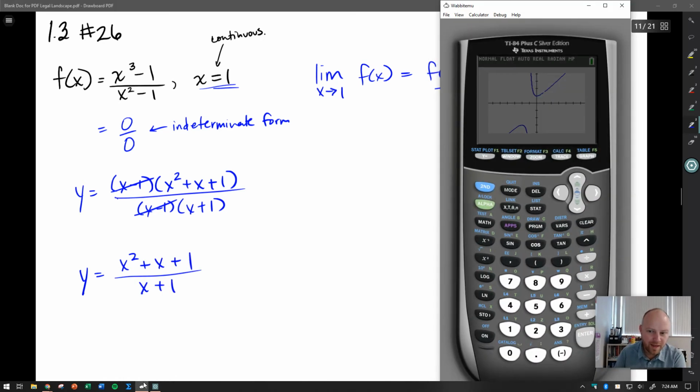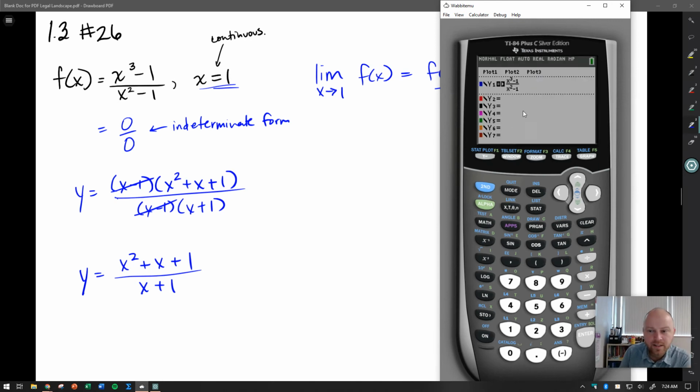So let's head back to our graphing calculator and see if this new function truly does the trick. I'm going to type in a new one: x squared plus x plus 1, on top of x plus 1.